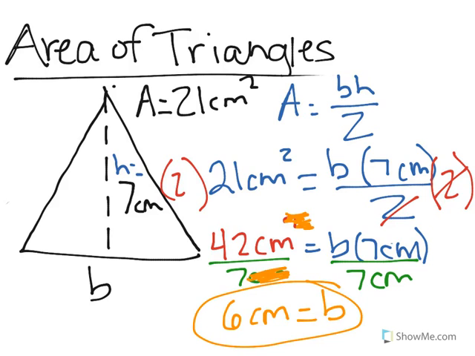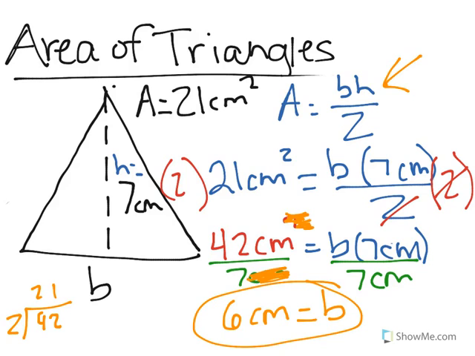To check my work, I will plug my 6 centimeters into my formula, and I will plug in my 7 centimeters, and I will divide by 2. 6 times 7 is 42. 42 divided by 2, 2 into 42, gives me 21. And that's right where I started. So my answer is correct.